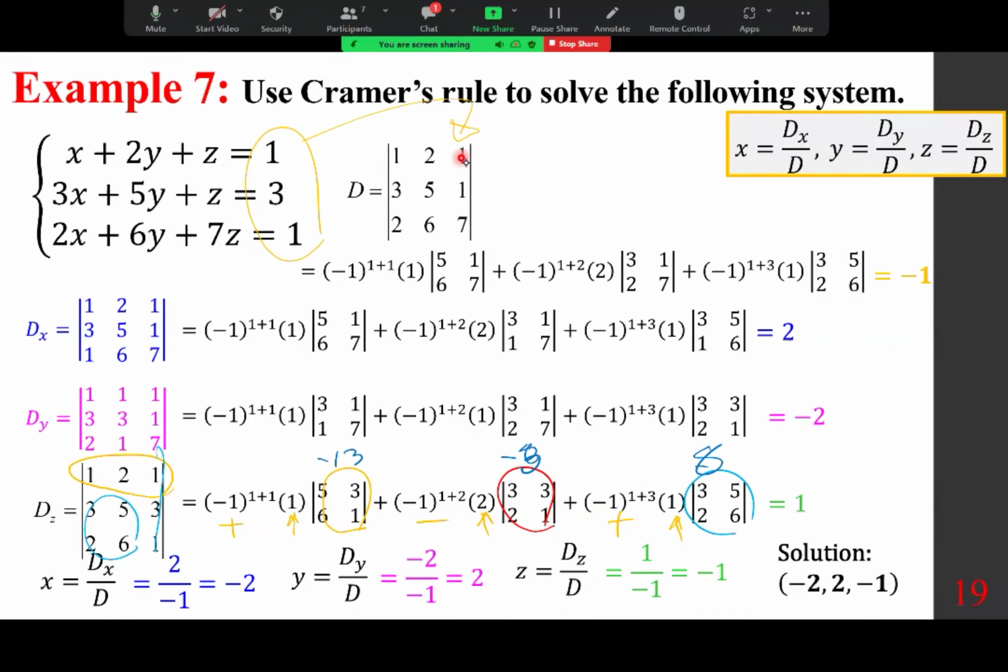You have to put it into the original equations. Just as an example, I do the first one, x plus 2y plus z equals 1. -2 plus 2 times 2, 4, -2 plus 4 makes it +2, with -1 makes it +1.